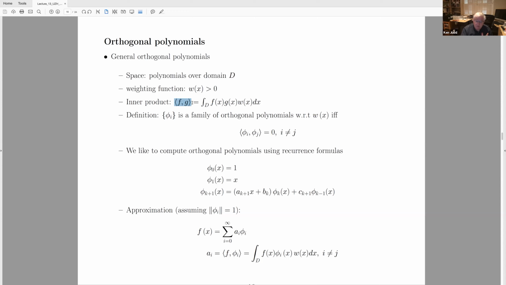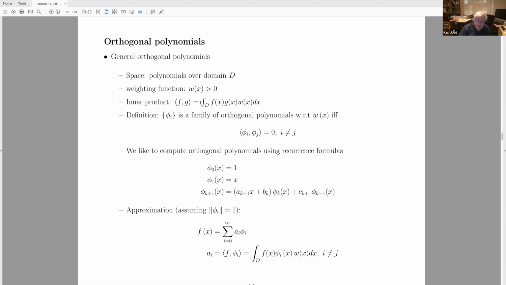The inner product between f and g is nothing more than the integral over the domain D of f times g times w. Now, some of you may have seen this notation where you called it the bracket notation, and there's a lot of similarities there. So this is the definition of an inner product.